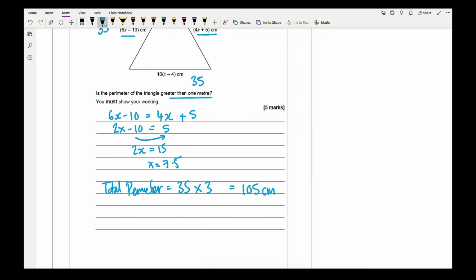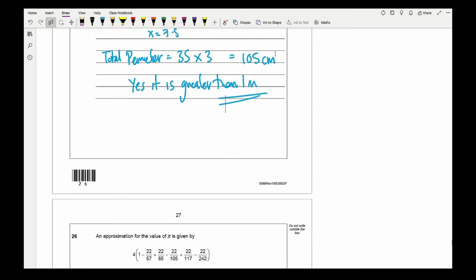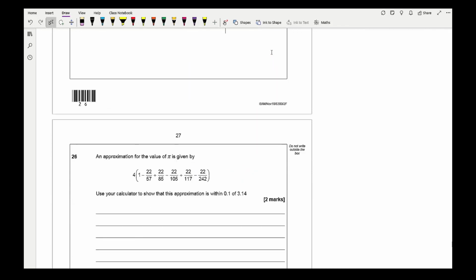And so is the perimeter greater than 1 meter? Yes, it is greater than 1 meter. There we go. And so then moving on to question 26.